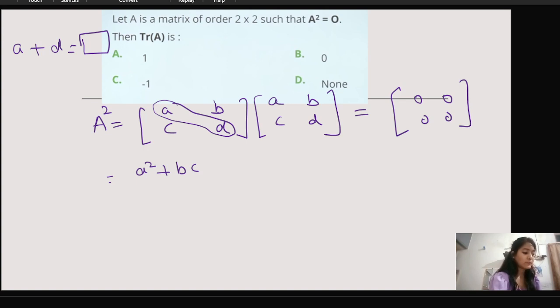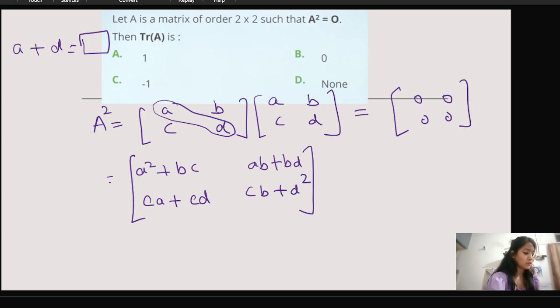So this A will multiply with this A and this B will multiply with this C and we have to add them. Okay. Next, what are we getting? AB plus BD, CA plus CD, CB plus D square. Okay.